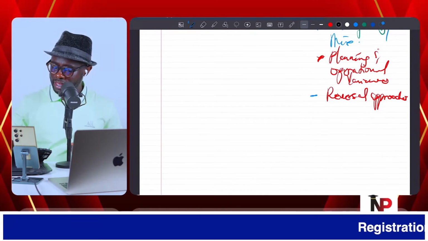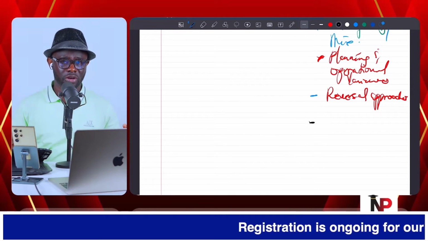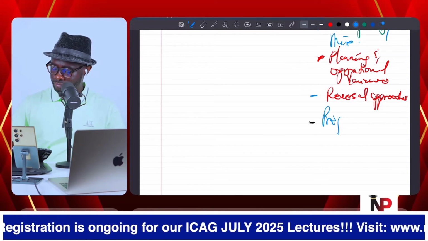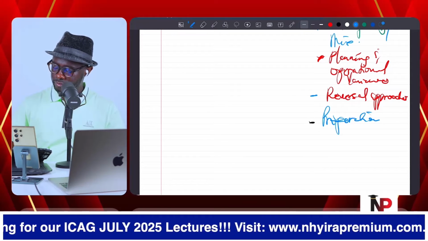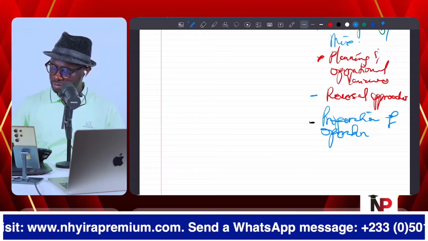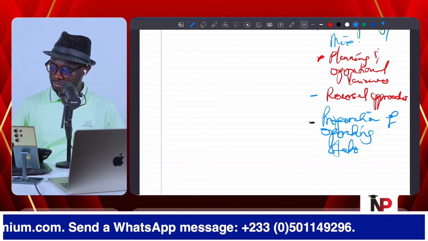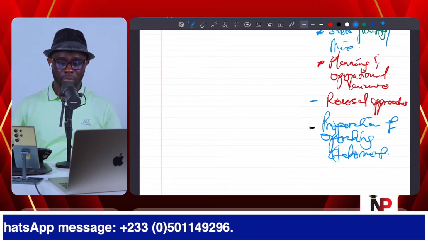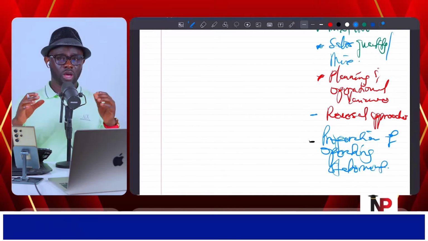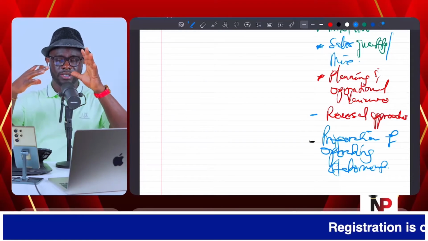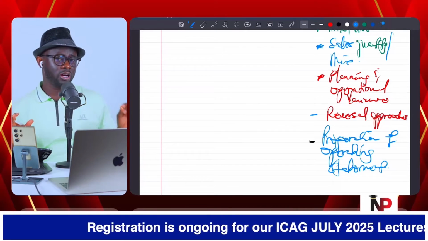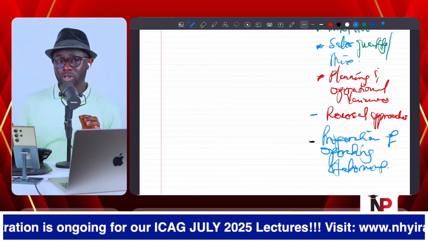Then certainly the last thing under the calculation aspect is the preparation of the operating statement. Now, what is this about? This is where you are bringing all the variances into one statement, either using the marginal costing principle or the absorption costing principle.